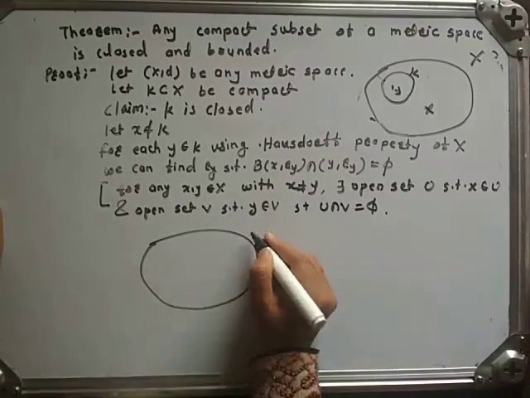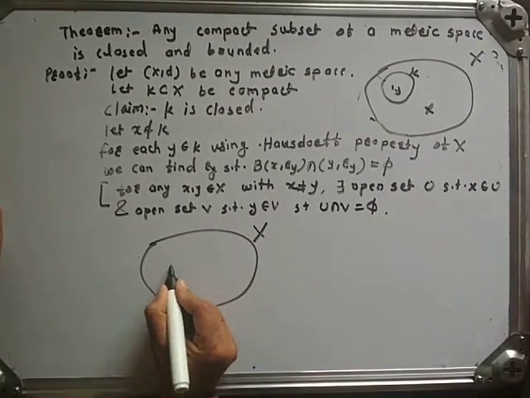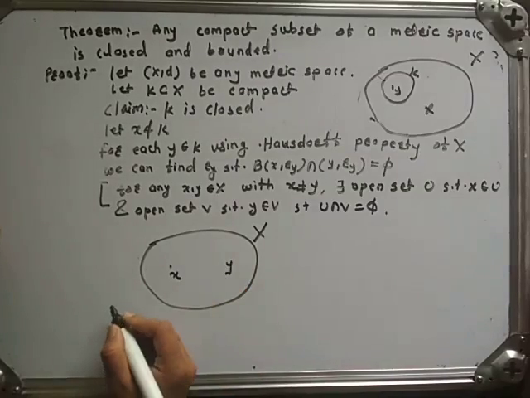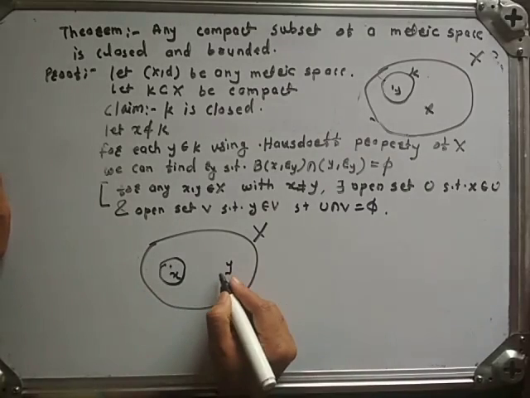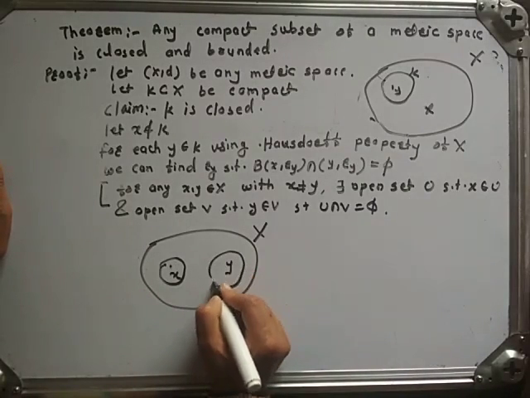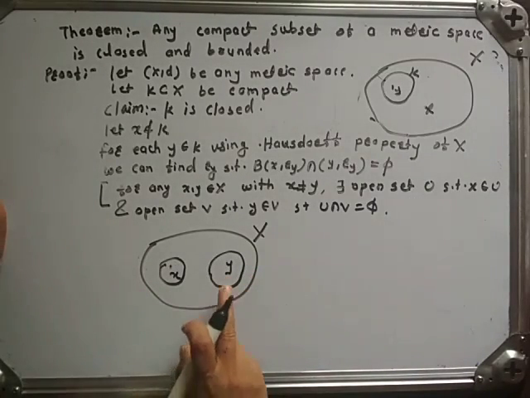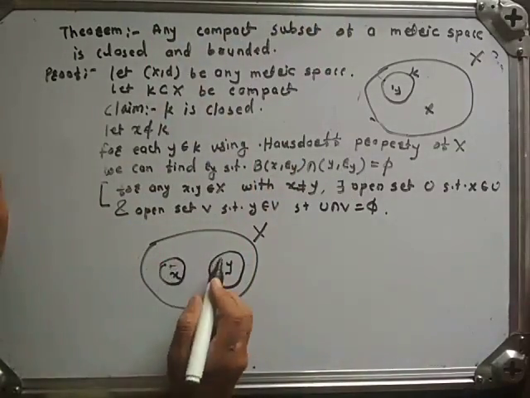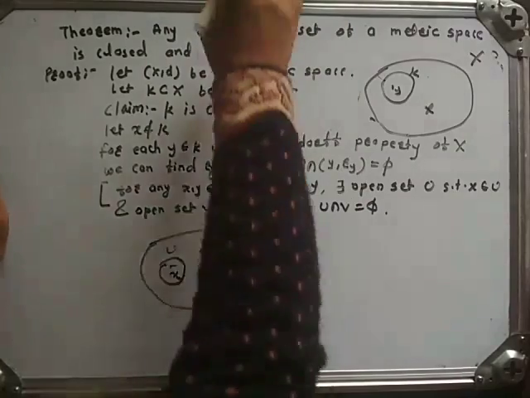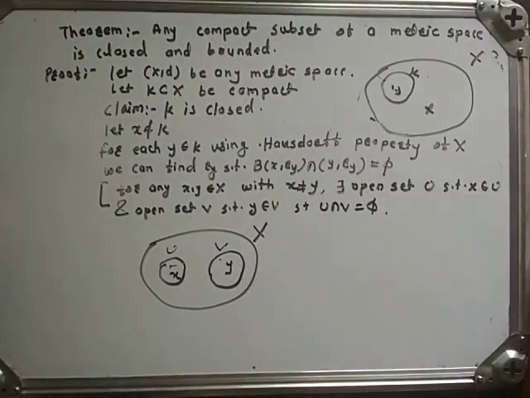Suppose this is your metric space X, and x and y are two distinct points. There exists an open set U containing x and an open set V containing y, such that the intersection of U and V is empty. Okay, this is the Hausdorff property.